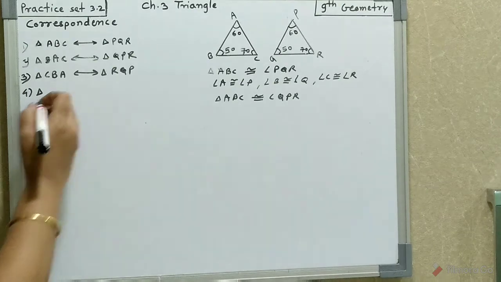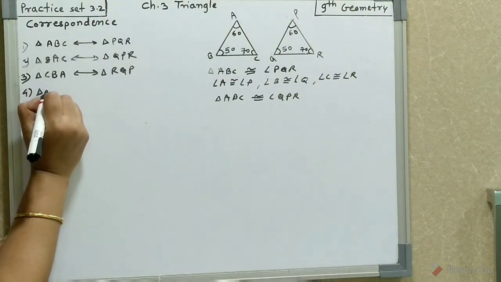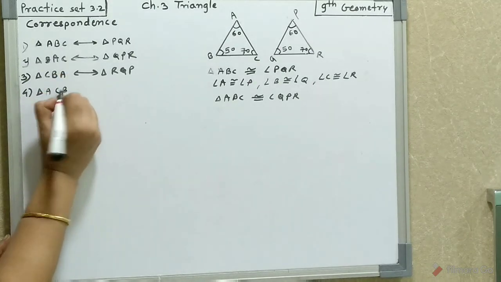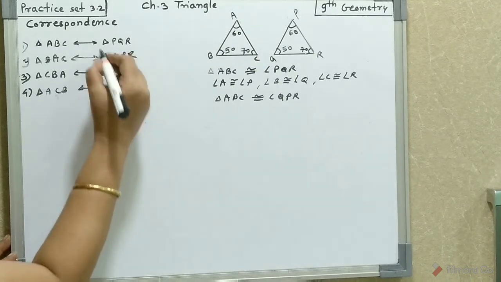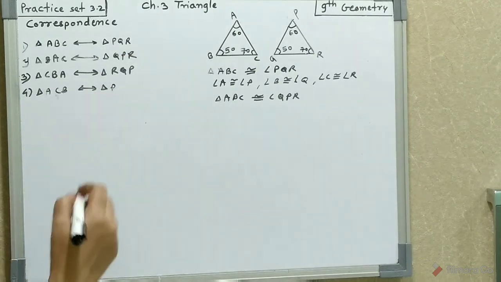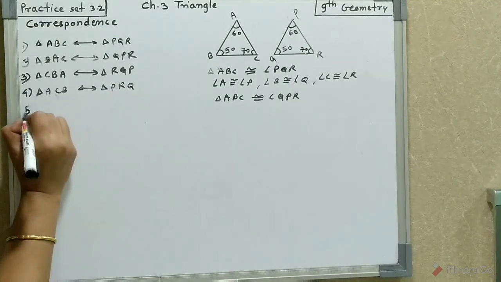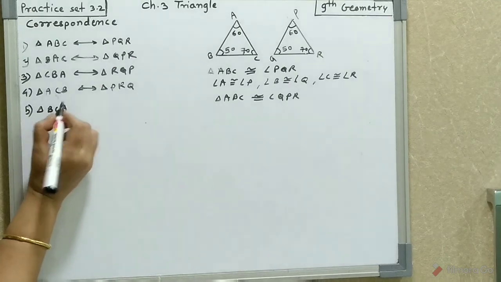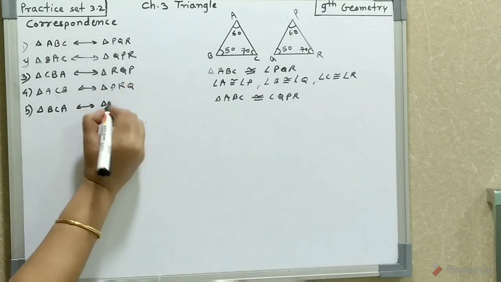Then we take angle A first. So ACB corresponds to, here also we take the first, that is PRQ. Then the next one, that is triangle BCA. We take C in the middle, so QRP here also we change.